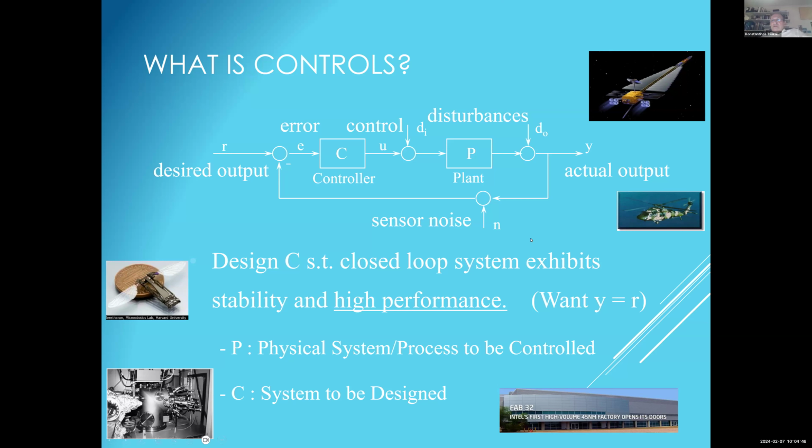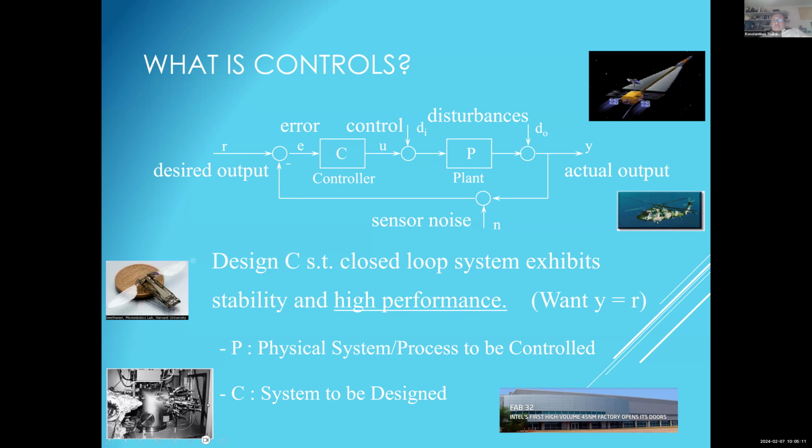aerospace. You see pictures in this slide. So aerospace is a big area of applications. Manufacturing is another one, and in particular semiconductor manufacturing, which is a big area in the valley.